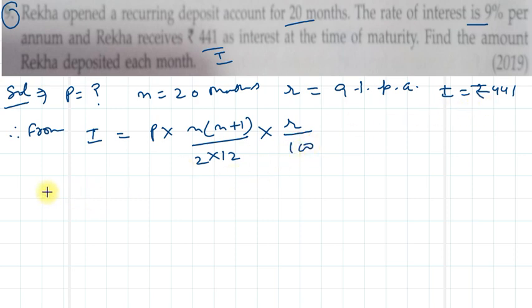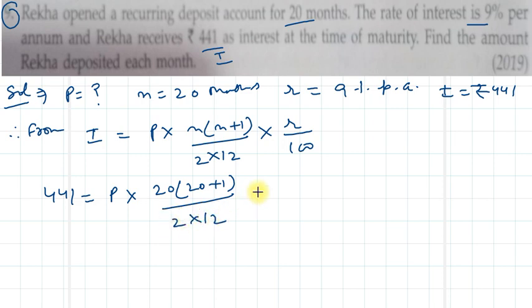Interest is 441. P we have to find out. n is 20. 20 plus 1 upon 2 into 12. R is given 9% per annum.